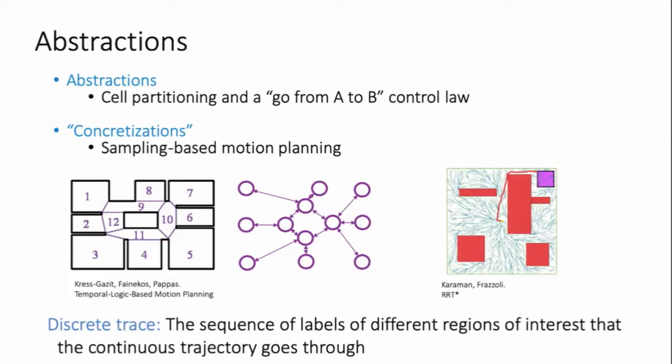What we can do is either to split our workspace into some kind of cells and then say that I can travel between two cells of the abstraction if I can travel between two cells in real life. So with my fully actuated robot, you see I can travel between 8 and 9. I have a transition between 8 and 9 in my discrete model.